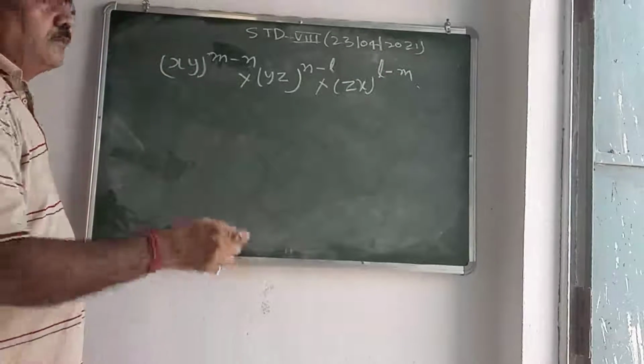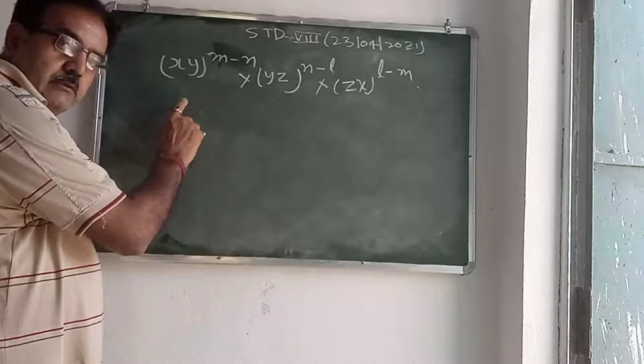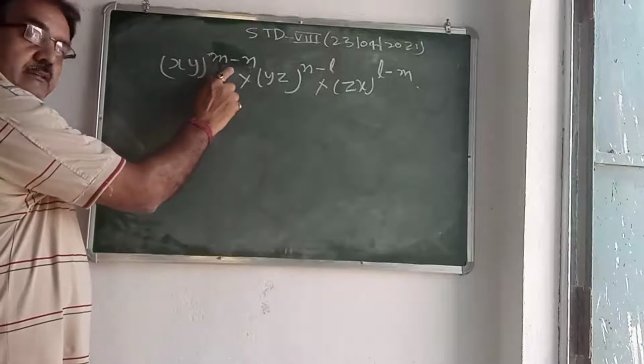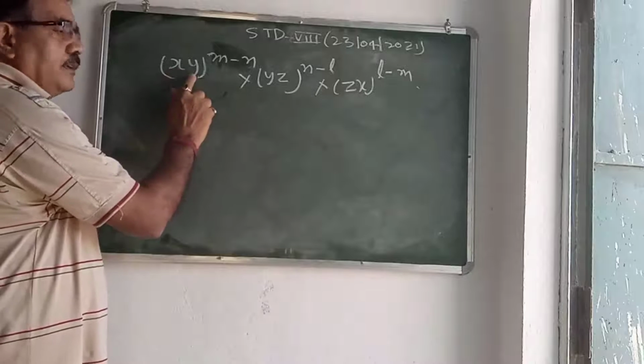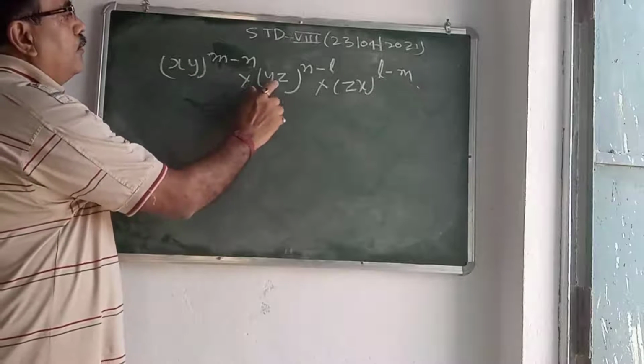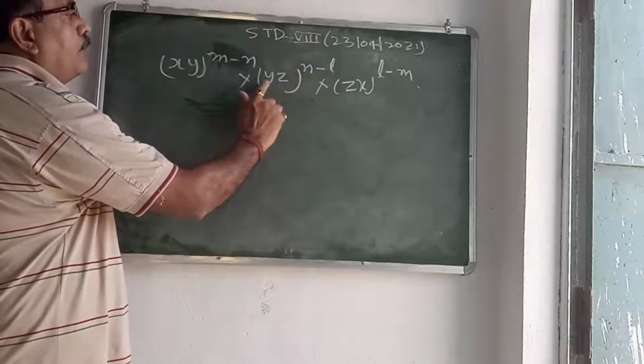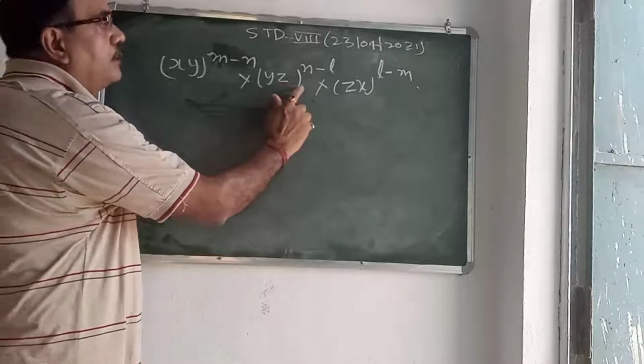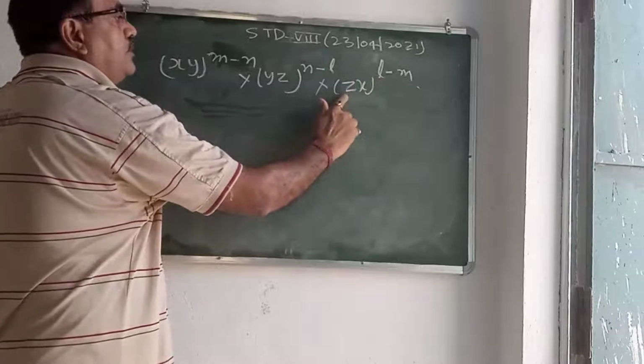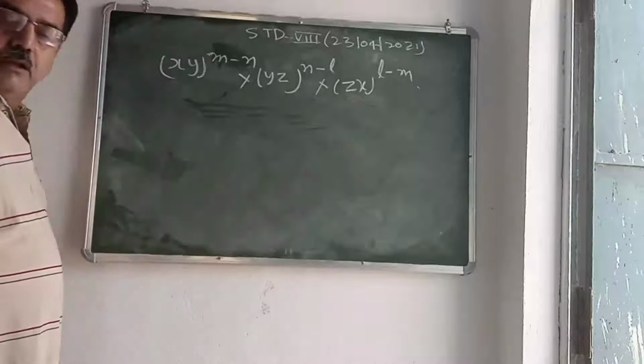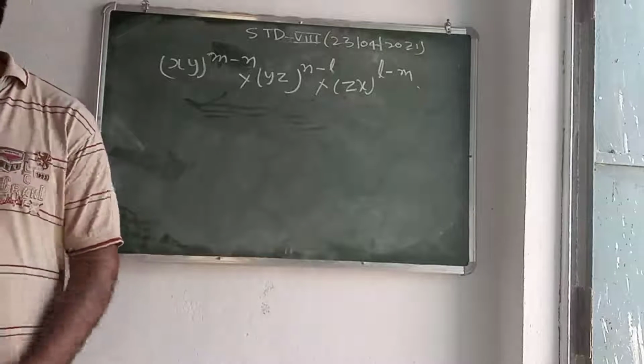Okay. Now this is the power. m minus n is the power on x as well as on y. n minus l is the power on y as well as on z. l minus m is the power on z as well as on x. Now we have to solve these questions.